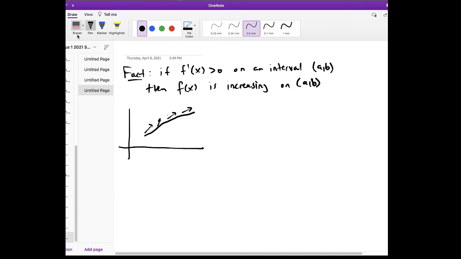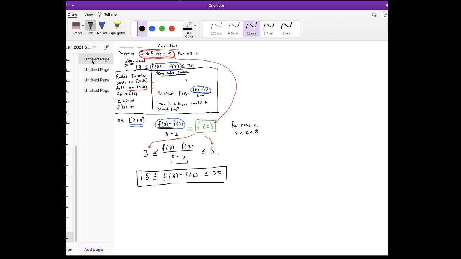Okay, so what we're going to do is use the mean value theorem. Notice that in our first question today, the mean value theorem is pretty helpful when you know about bounds of the derivative.